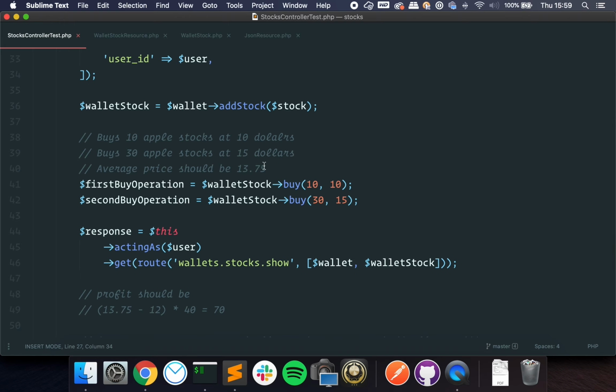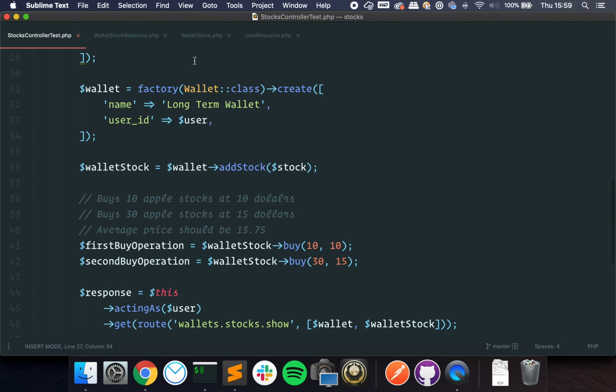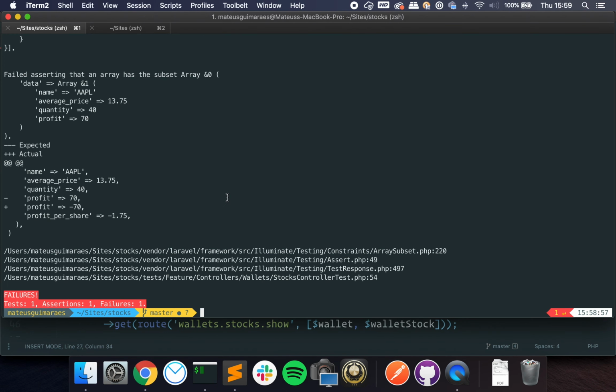It should be correct. I don't know. We expect 70, we're getting minus 70. Average price is 13.75.